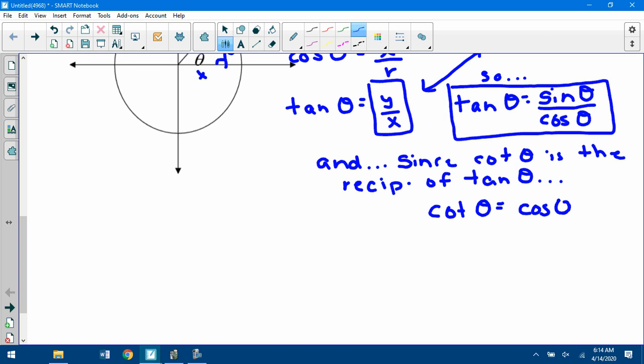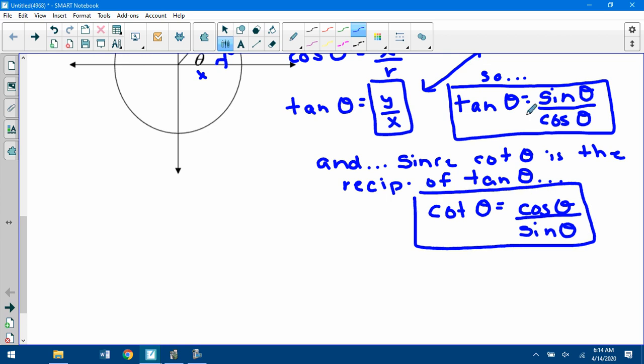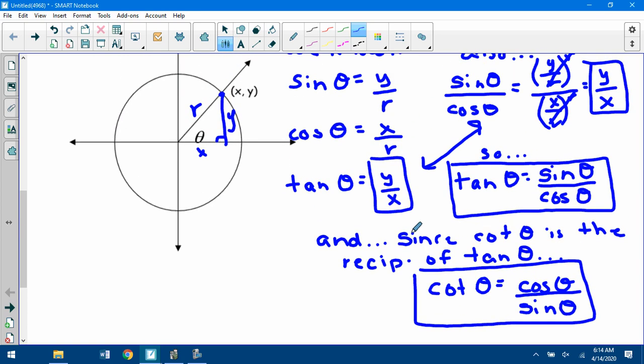Cosine of theta over sine of theta. So that's technically another identity. It's always true. And those are obviously pretty similar. I remember it with cotangent starts with c, and that's the one with the c trig function on top, cosine. That helps. Okay, now there's one more big one. These aren't technically the Pythagorean identities. These are called the quotient identities because they're fractions.